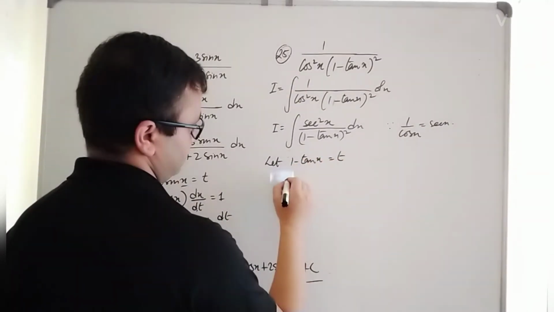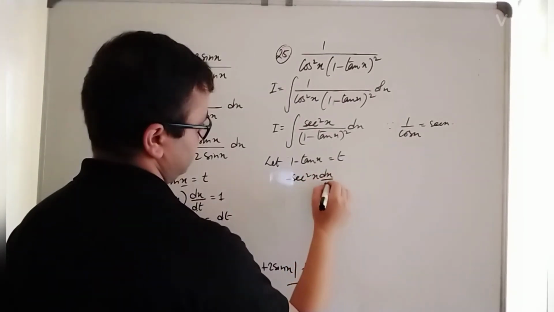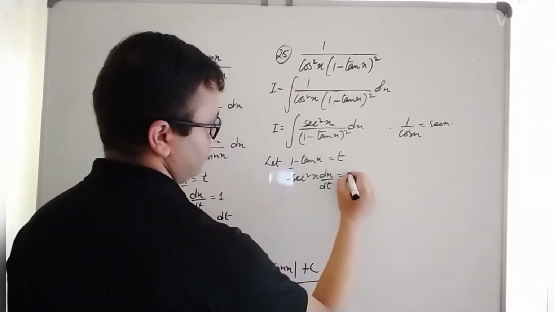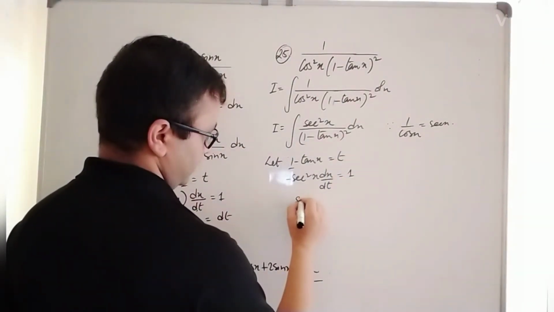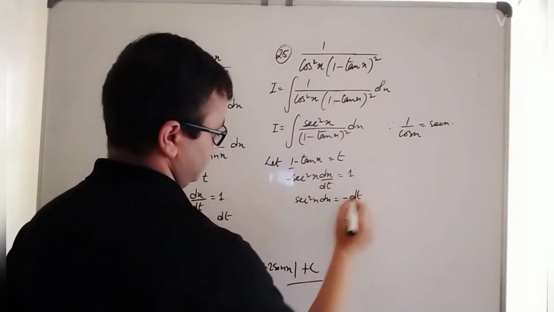Now differentiate: minus sec square x dx by dt. Differentiation of 1 is 0, and differentiation of t with respect to t is 1. So sec square x dx equals minus dt.